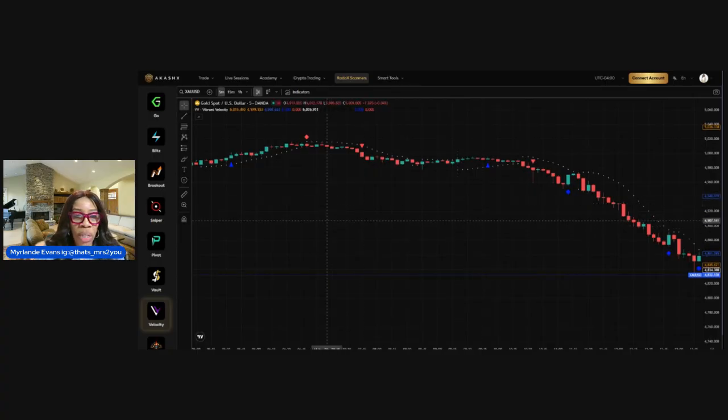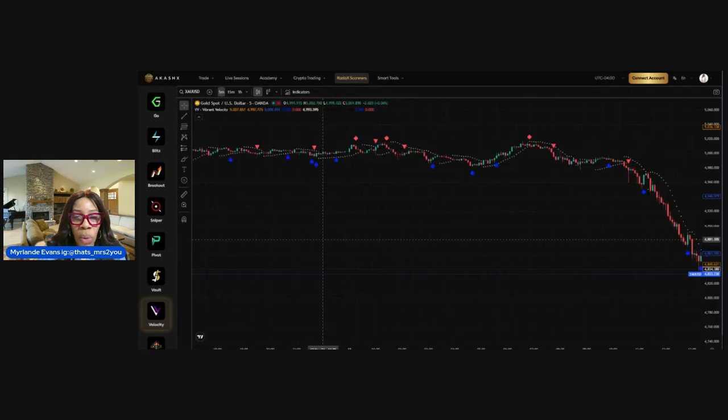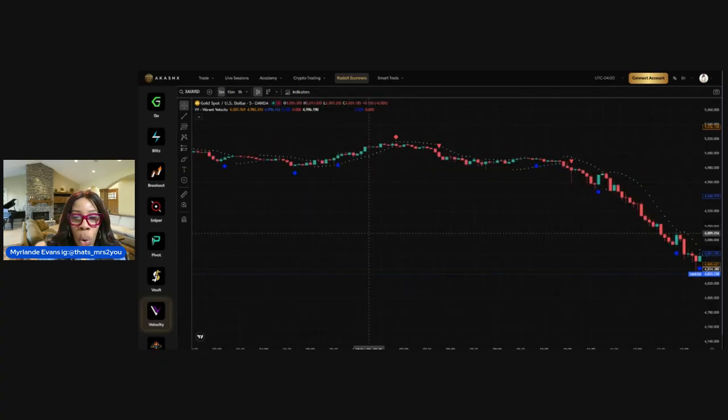So as you can see on my screen, the market pretty much moves three ways, guys. It goes sideways, and it goes up, and it goes down. Now, when the market is going up, that's when we call the market bullish, or we'll say that the market is buying.